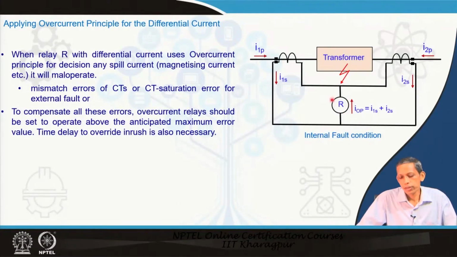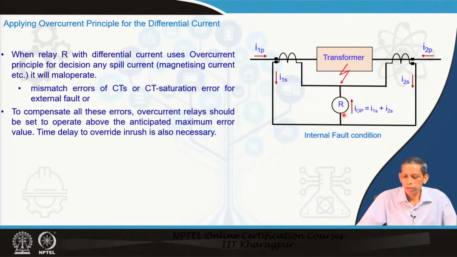So, if we simply adjust the amount of current in this branch, the corresponding protection scheme can identify that this is an internal fault. For any external fault, this current, I1s plus or minus I2s, becomes close to 0. So, the current in this differential branch will be significantly low, ideally 0.